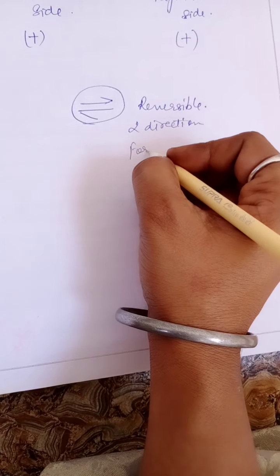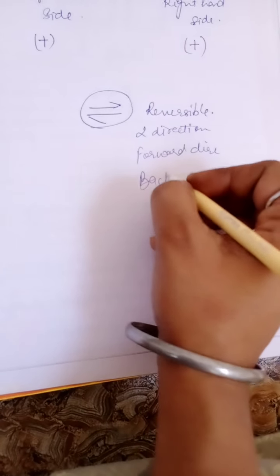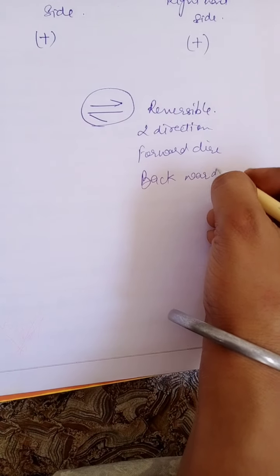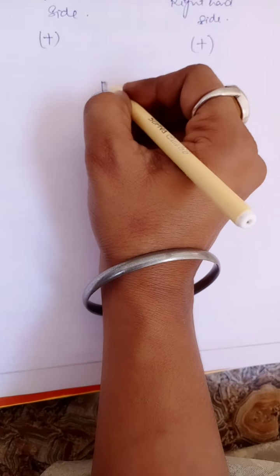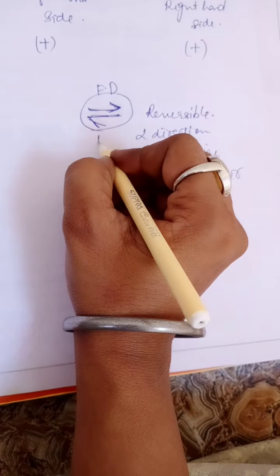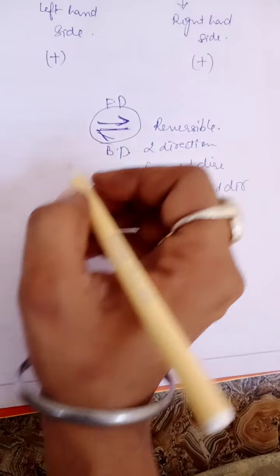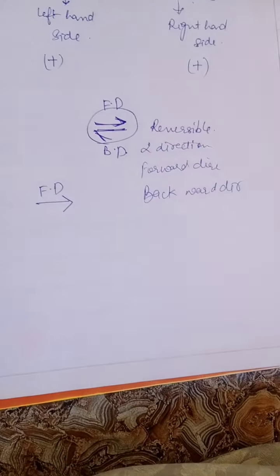One is the forward direction and the next is the backward direction. So the above arrow represents the forward direction and the below arrow represents the backward direction. When you have only a single headed arrow, that means it is completely forward direction.